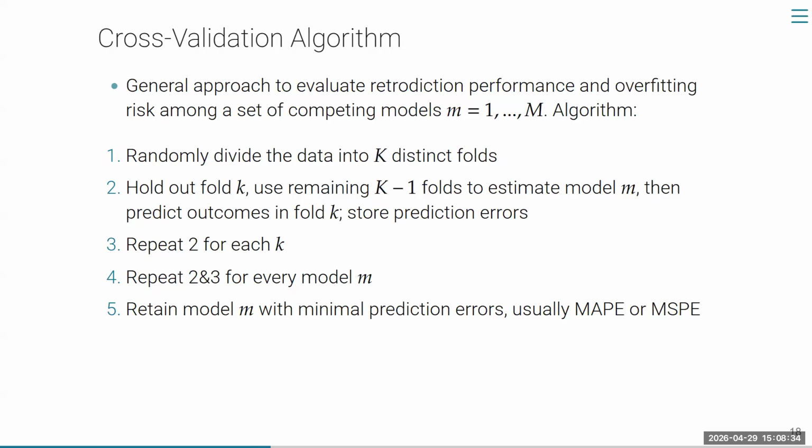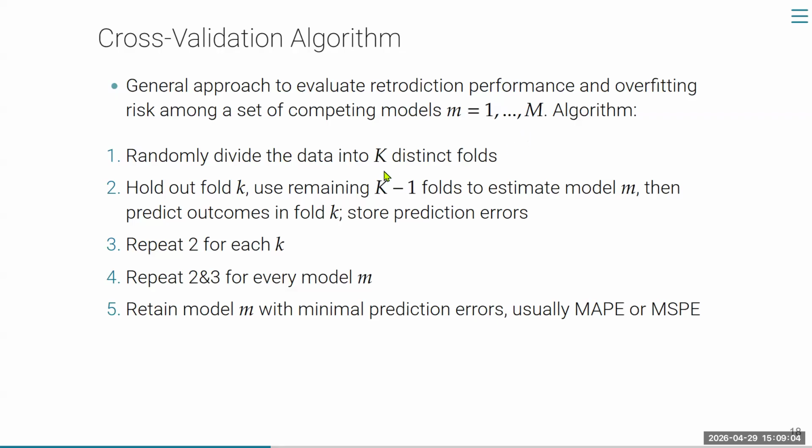So cross-validation is going to be a pretty intuitive algorithm, I think, for most people. We're usually going to compare a range of models on their retrodictive performance, and so we'll index those models with little m. This could be different specifications within a single model, or different types of model with the same predictors, or any combination of predictors and models.